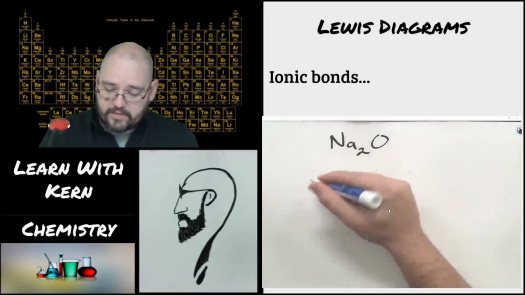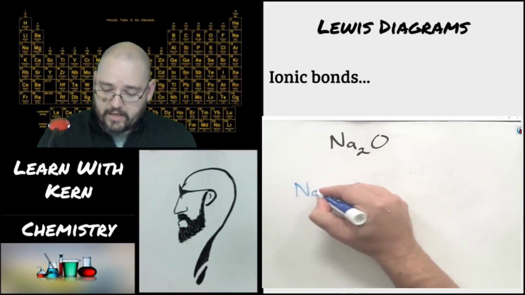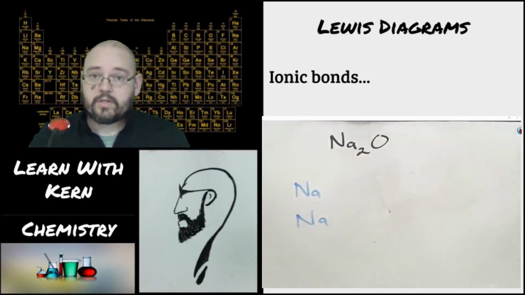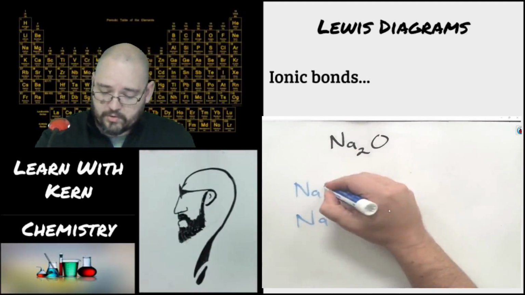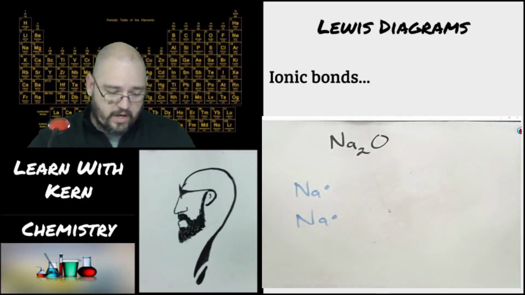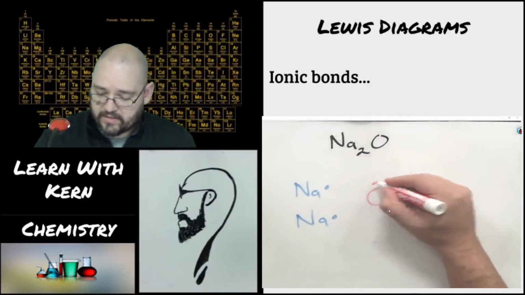So if sodium is my cation, I have Na, but there's 2 of them. So I know I'm going to have 2 Nas. Now sodium is also in group 1, so it has 1 valence electron. And then I have oxygen that is in group 6, so it has 6 valence electrons.